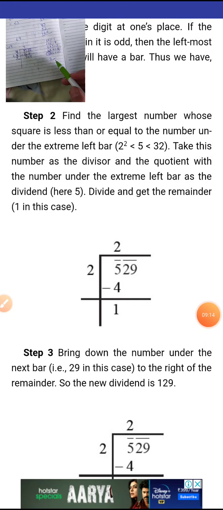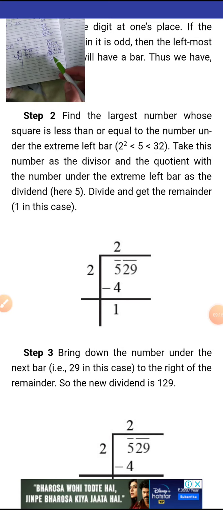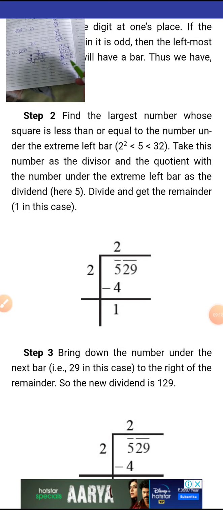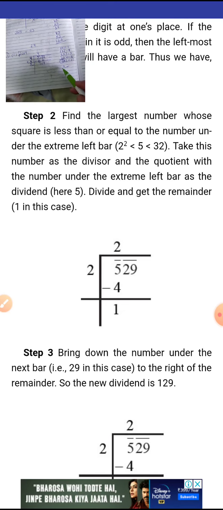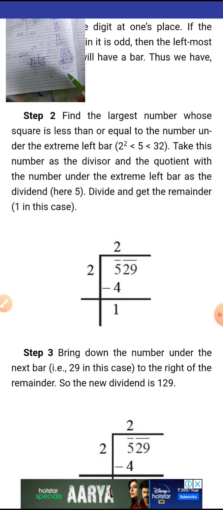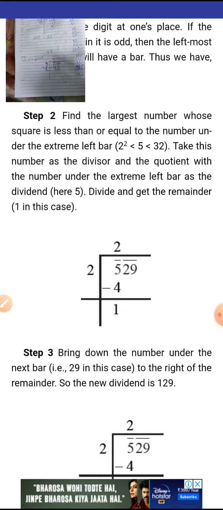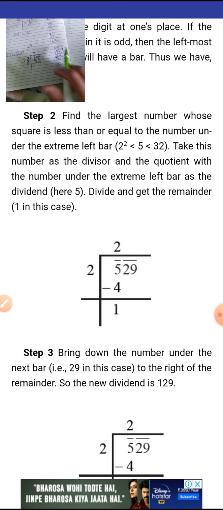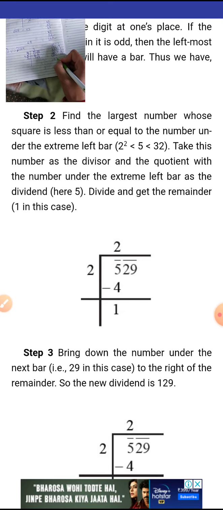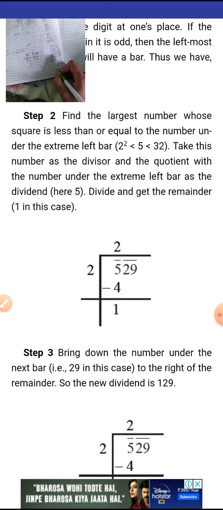Now we fill this blank place by a number and then multiply the resultant number by that number, and our product will be less than or equal to 704. So if we fill this blank place by 1 and multiply this whole number by 1, then we obtain 81, and 81 is less than 704.